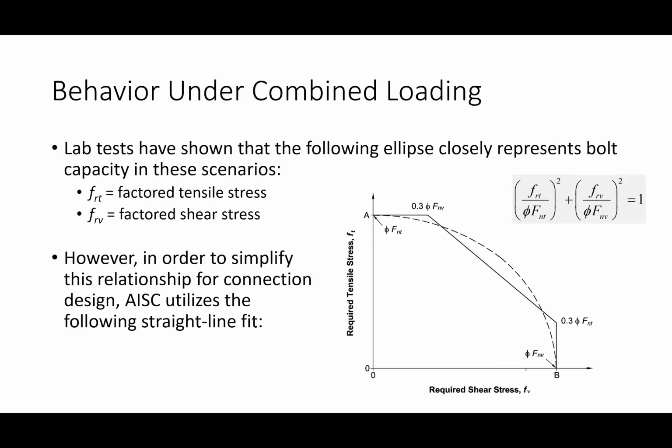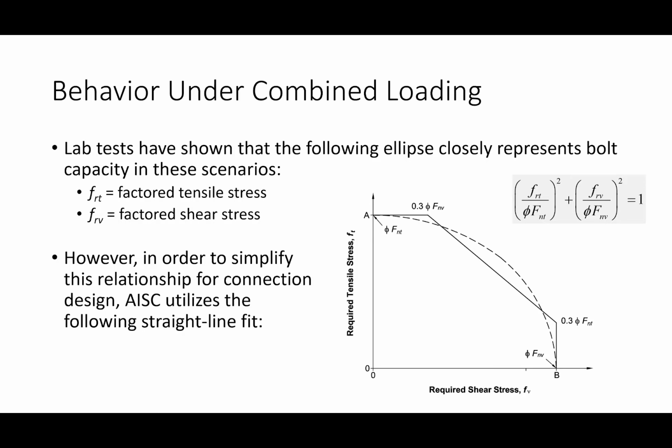So basically what the spec is saying is that any time your shear load is less than 30% of the tensile load, or vice versa, we can ignore the effects of interaction. Let me give you some numbers.